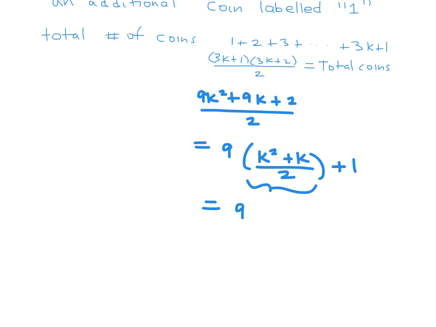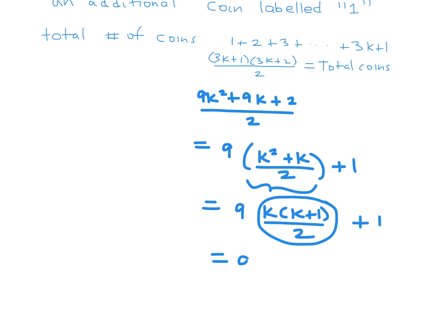Because k is an integer. This is k times k plus 1. So this is 2 consecutive numbers, so one of them has to be even. So therefore, this whole thing will be an integer. So we'll just call it t. So that means the total coins are going to be some multiple of 9 plus 1.